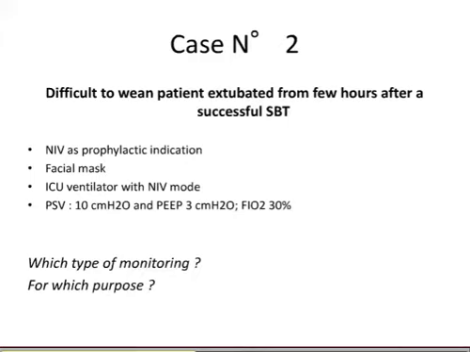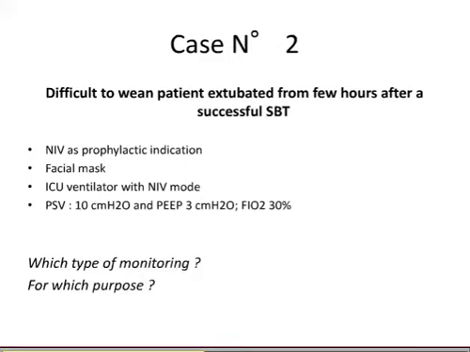So, of course, for this patient, there is non-invasive hemodynamic monitoring. But do you think that something is very important to add in this very specific situation? I don't know. Any suggestions? Why do you consider it a difficult to wean patient? Is it because of weakness, heart failure, or what?